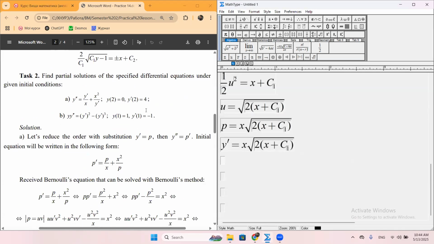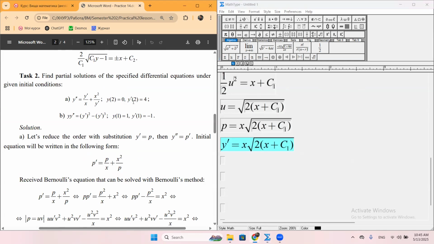Let's suppose that we have only the positive root. Of course, I can integrate this equation once more, and after that find c1 and c2 from the system of linear algebraic equations, but I can find c1 now.